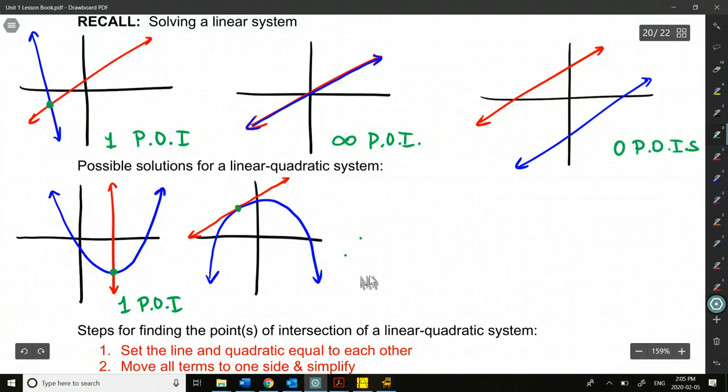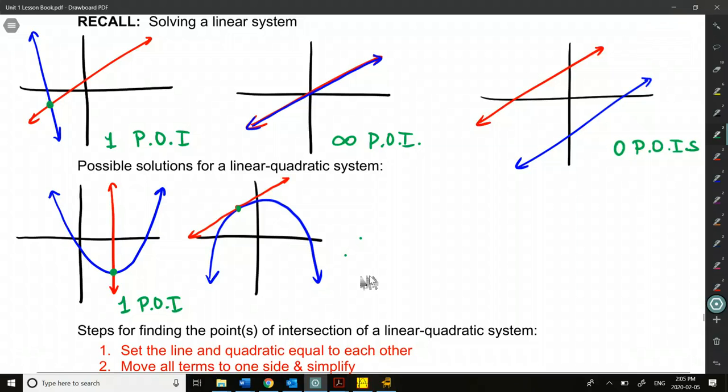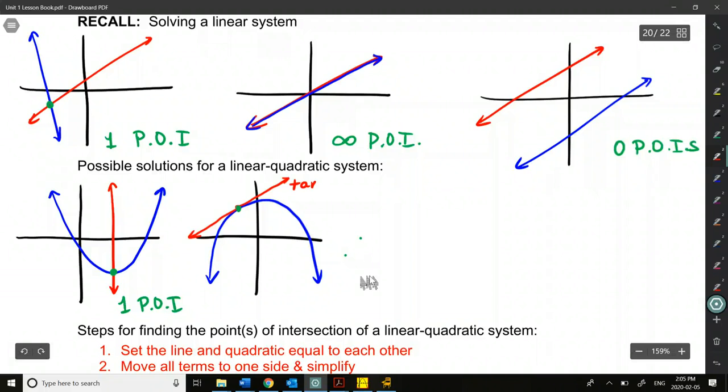So that would be another way that we could have 1 point of intersection. When we have a line like this, we call this a tangent line. You may see the word tangent or tangent line used in some examples on your worksheet. So basically it just means it has 1 point of intersection with the quadratic. So both of these options are 1 point of intersection.